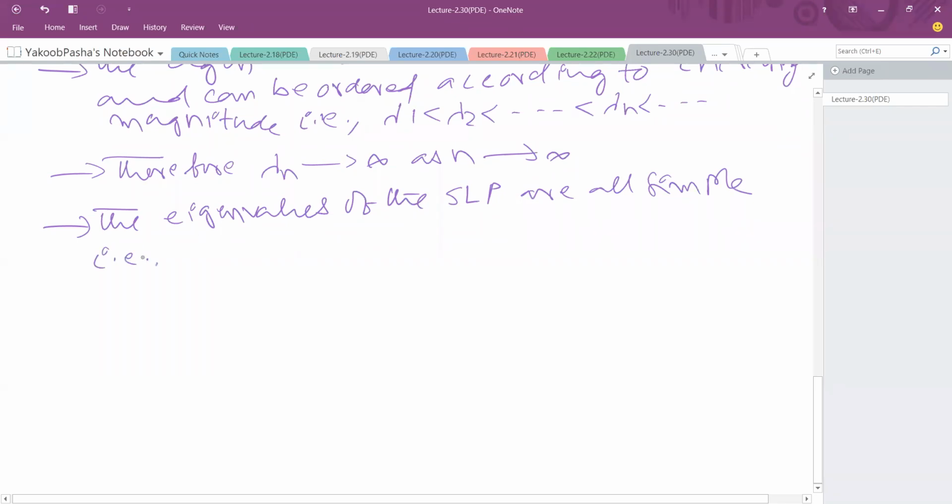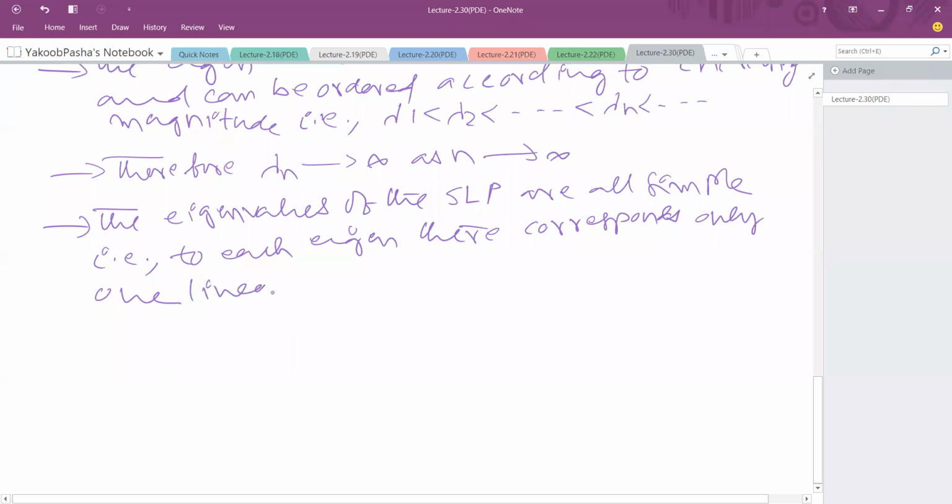That means to each eigenvalue there corresponds only one linearly independent eigenfunction. For different eigenvalues, we have different eigenfunctions.